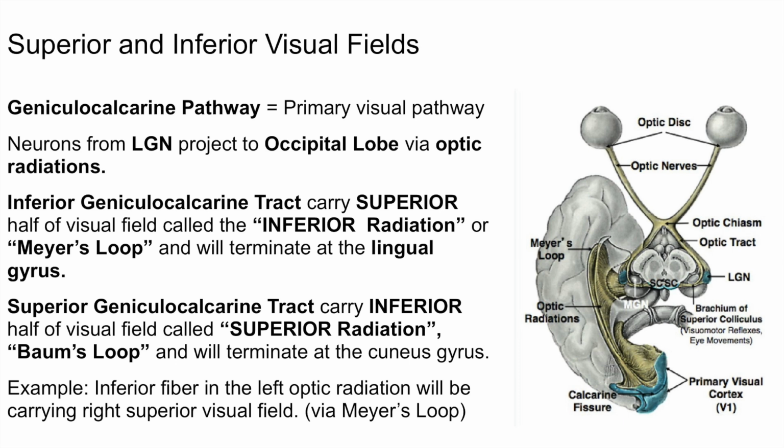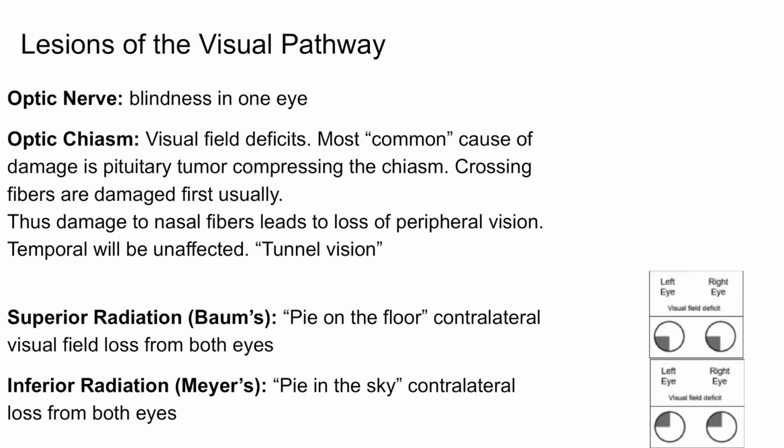So that has to be a superior pathway, right? Since you're seeing the inferior visual field. I just remember it's opposite. So it's got to be a superior pathway. And what's one of the topmost portions of your brain? The parietal lobe. So the superior pathway goes to the superior portion of your brain, aka the parietal lobe. And just remember that the inferior one goes to the temporal. Okay?